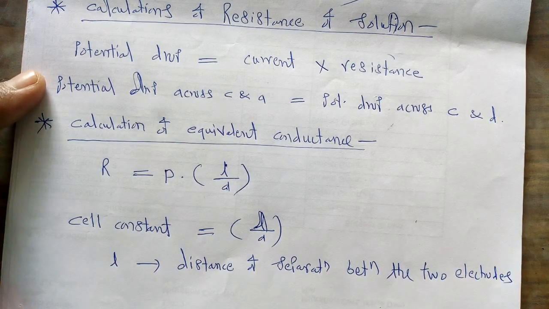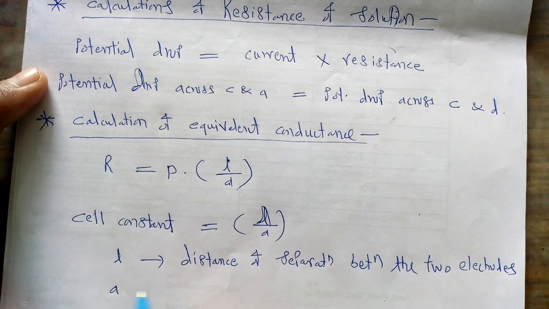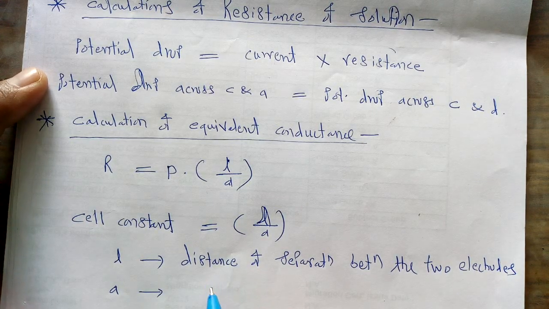This is L, and the next term, small a, is the cross sectional area.